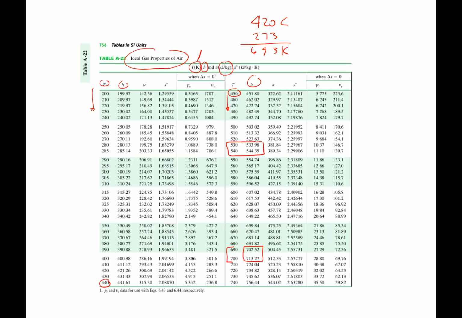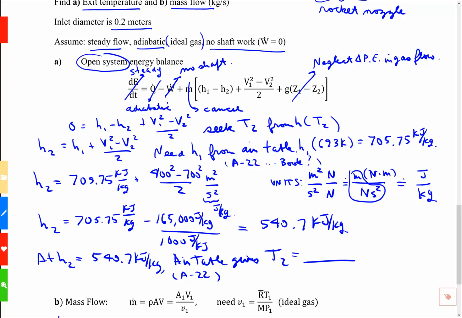I'll leave you to check my interpolation. Here's what I interpolated. I found that T2 is 536.5 kelvins, which is the same as 263.5 C. So that's the answer.